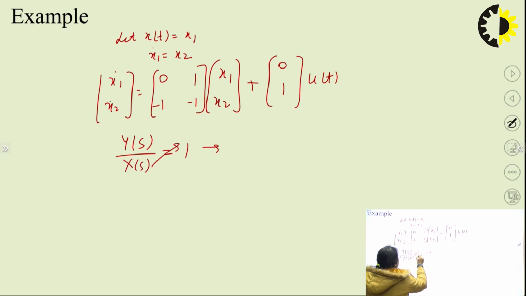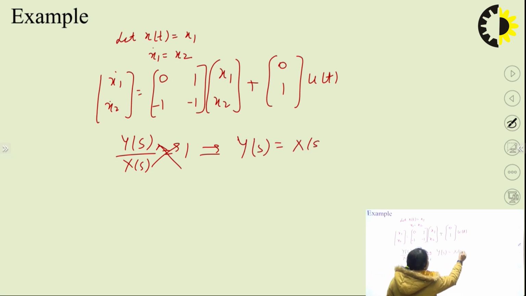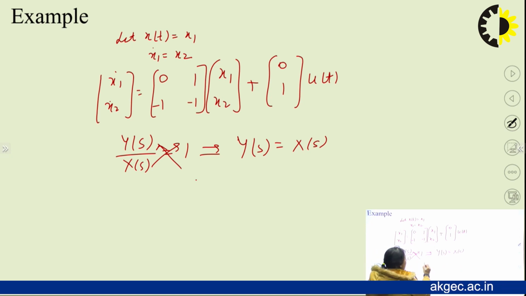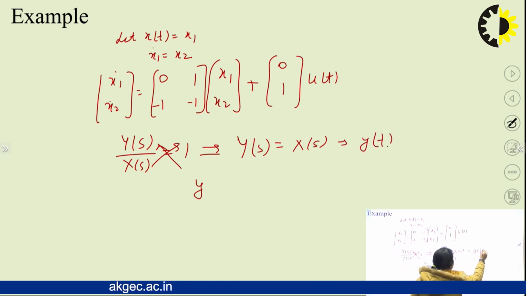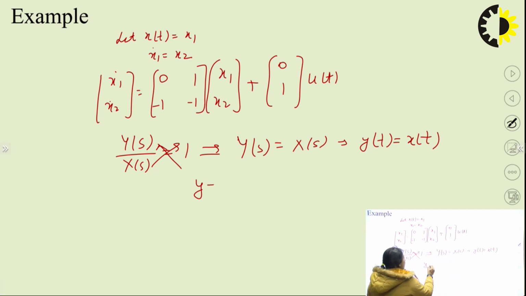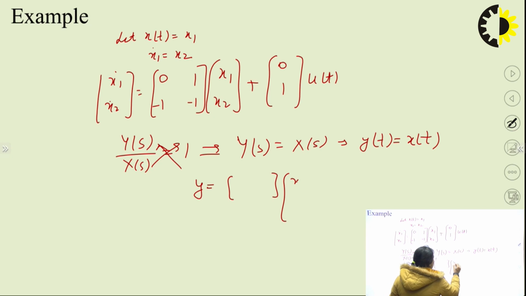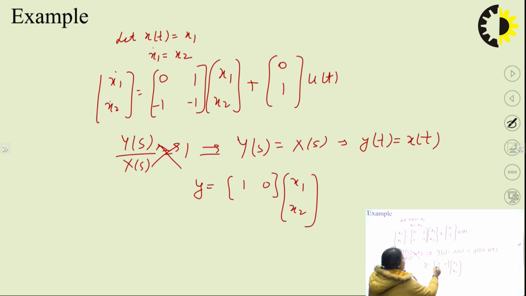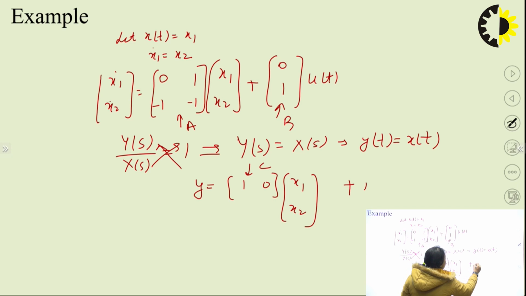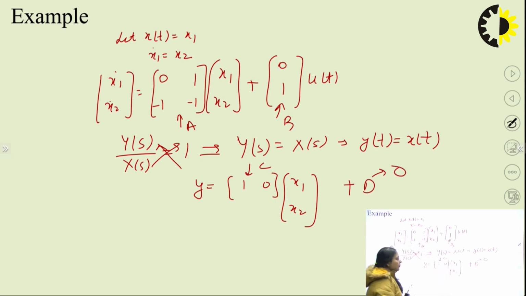So again going for the cross multiplication I am getting Ys is equal to Xs. Since I have taken Xs is equal to x1, taking inverse Laplace transform of this I get y(t) is equal to x(t), and I have taken x(t) is equal to x1. So y will be equal to [1 0] times x1 x2. ठीक है, so this is the matrix C here, this is the matrix A here, this is the matrix B, and D will be equal to 0 here. ठीक है.